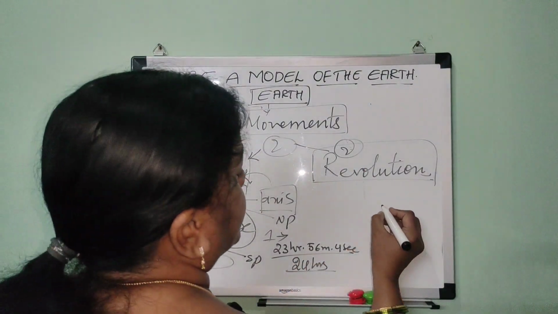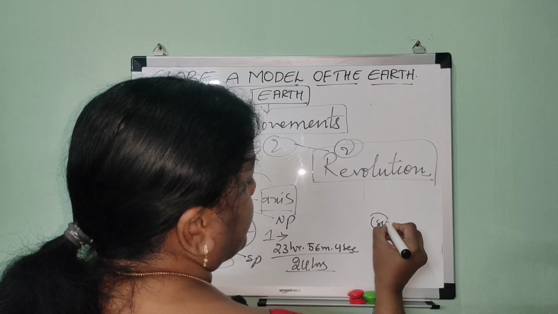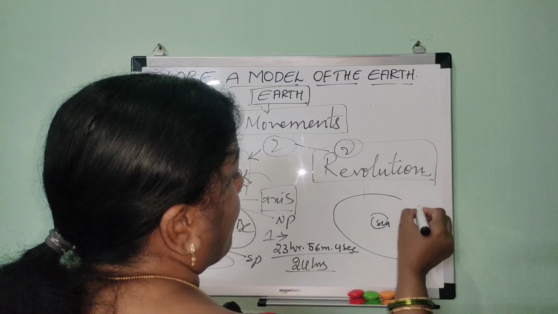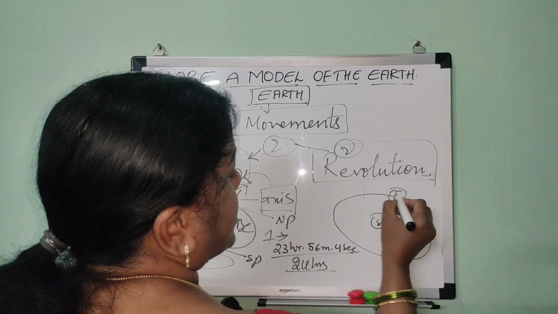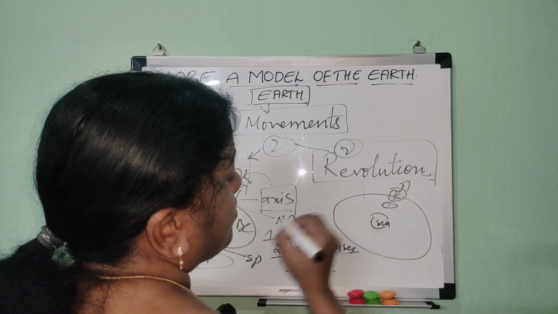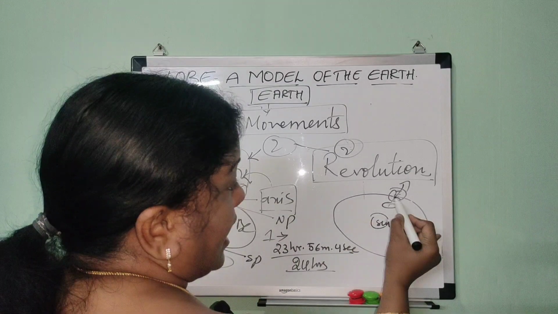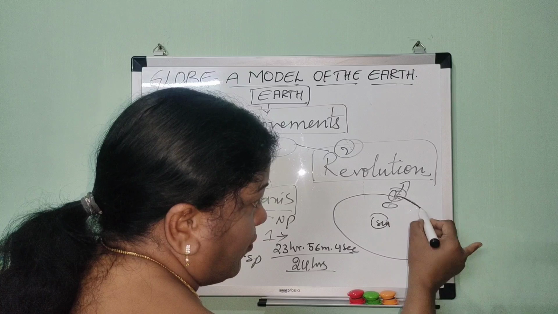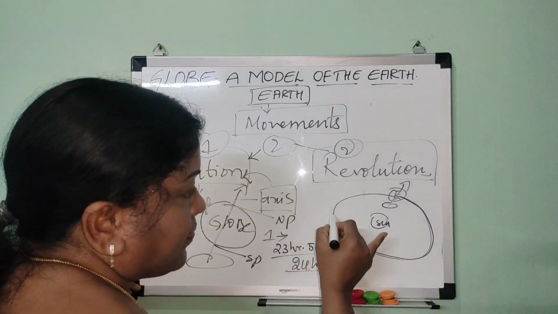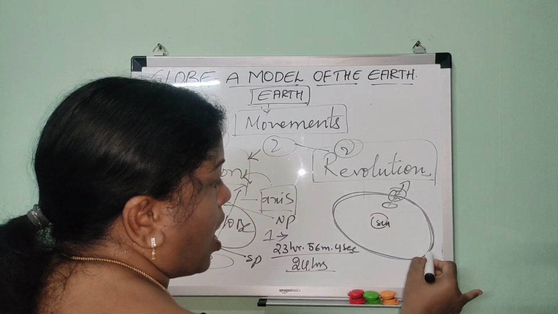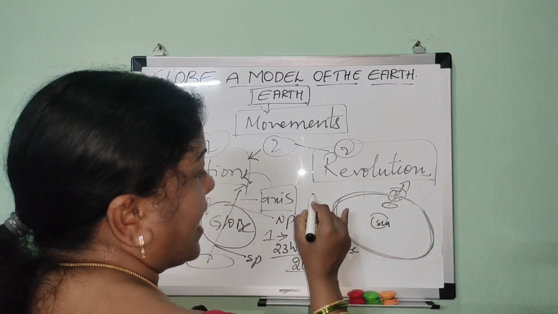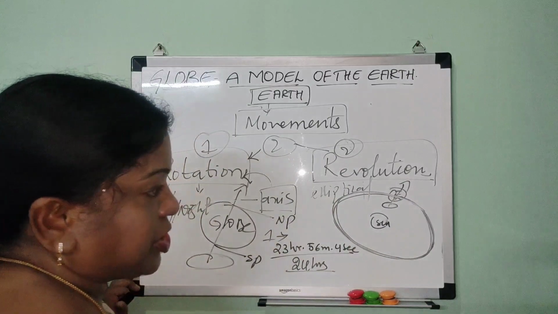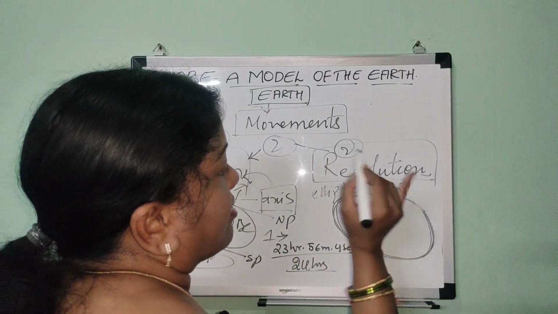What is revolution? Please assume this as the sun. Assume it as our earth. Now, along with the rotation of the earth, when the earth is moving around the sun in its own orbit, which is elliptical in shape, it is called revolution.